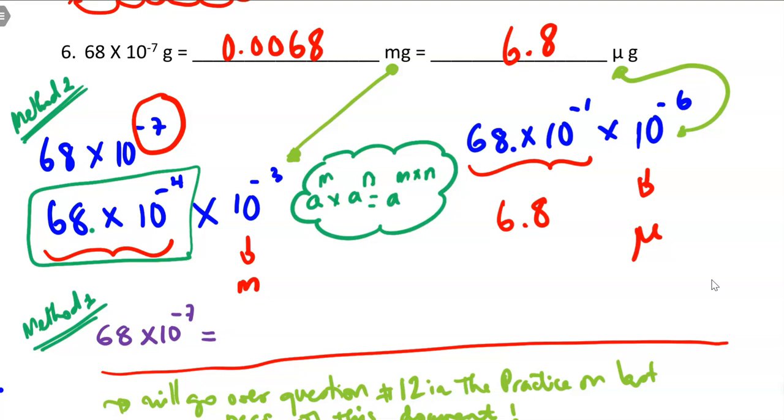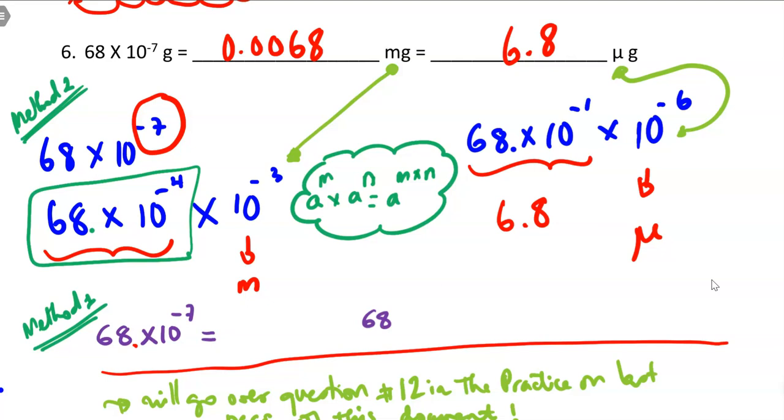However, here is my decimal point. All right, and I'm going to move the decimal point 7 spaces to my left because I need to make this number smaller.